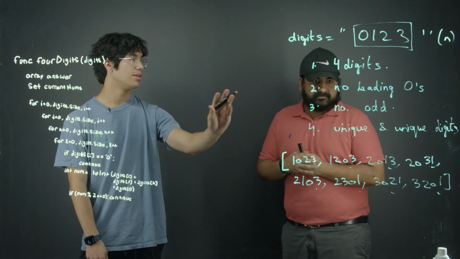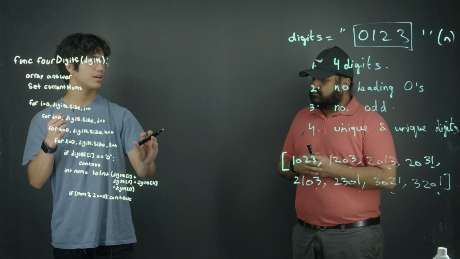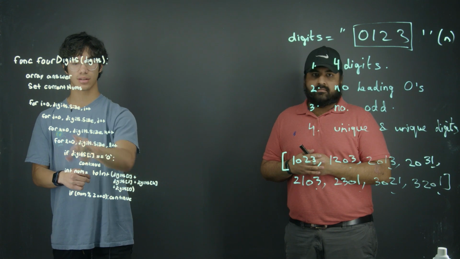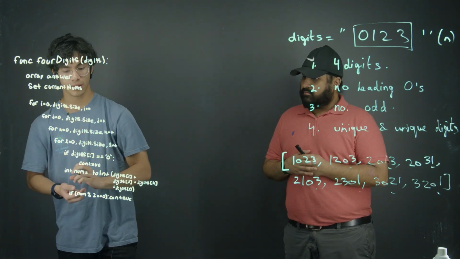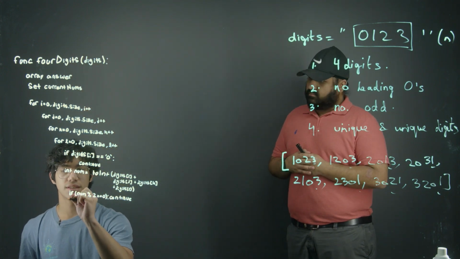And now we have our last condition that we want to satisfy, which is we want to make sure that none of these indices are the same, and that we haven't already added it. So we can just do that by comparing each one of these indices.